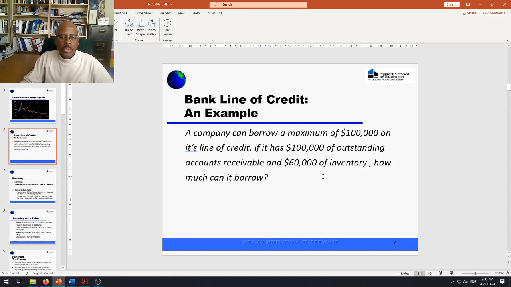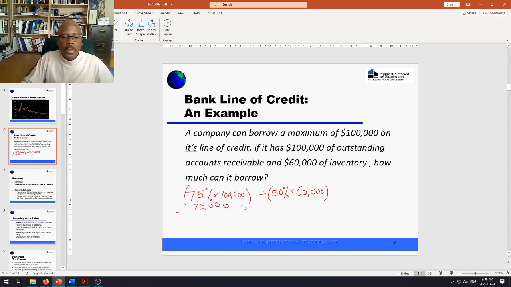So here's how we'll do the calculation. We know that you can borrow up to 75% times the 100,000, plus 50% times the 60,000, and this is equal to 75,000 plus 30,000, which is 105,000.